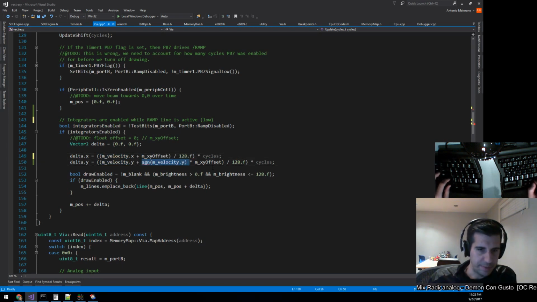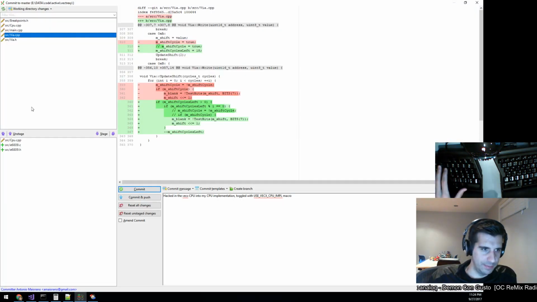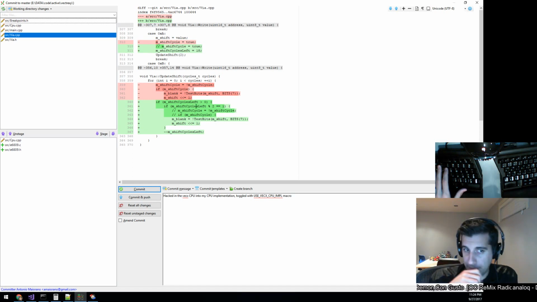Yeah, very curious about this XY offset, and how it's actually supposed to work. It's surprising. But I do think the shift cycle stuff I did here seems to fit better the model that we just read about, the 18 cycles and all that. So we could keep this.